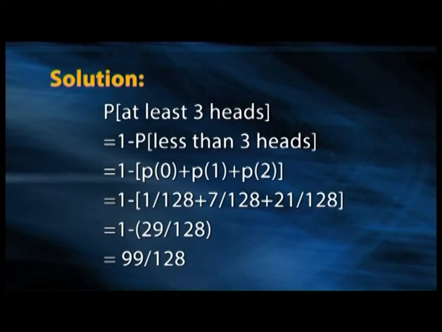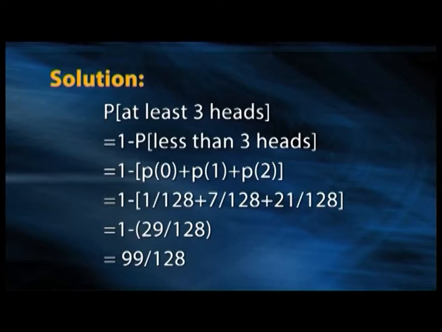Hence, probability that at least 3 heads appear is equal to 1 minus probability that less than 3 heads appear, which is 1 minus P of 0 plus P of 1 plus P of 2.